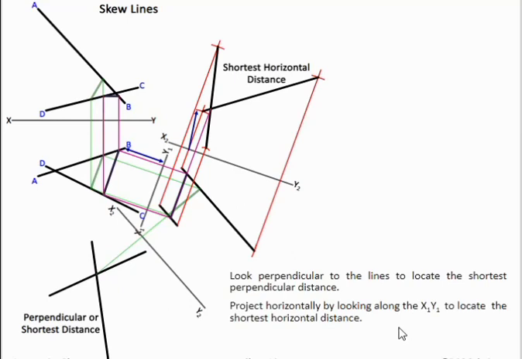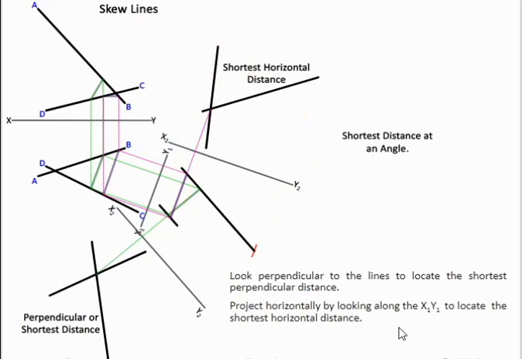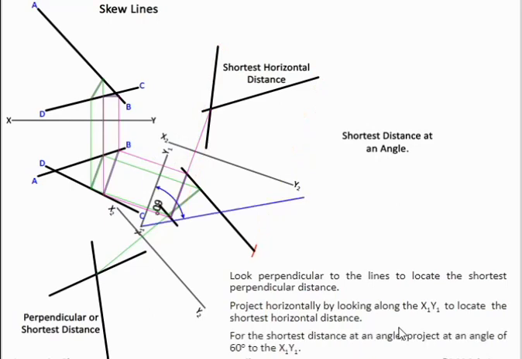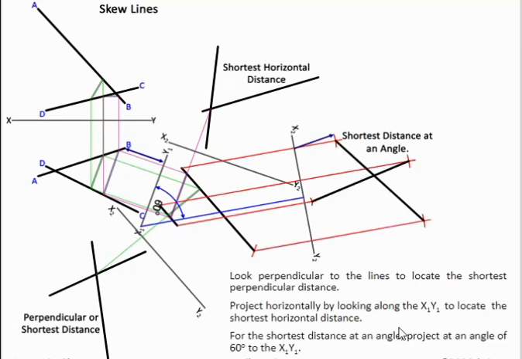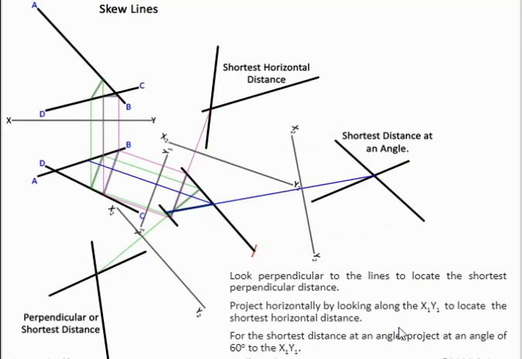So that's our shortest horizontal distance. So we have two different answers. And then in the third one, we go with at an angle of 45 degrees. So we project 45 degrees to x2, y2. And then bring this back. So what we have here is, this is three answers.